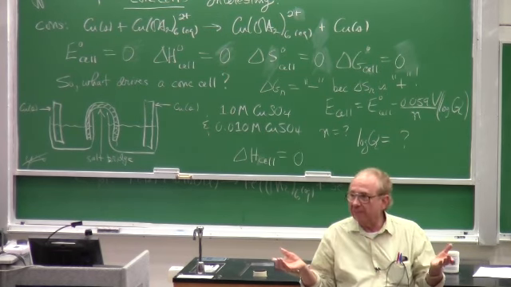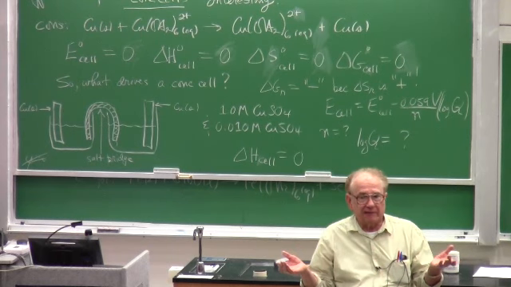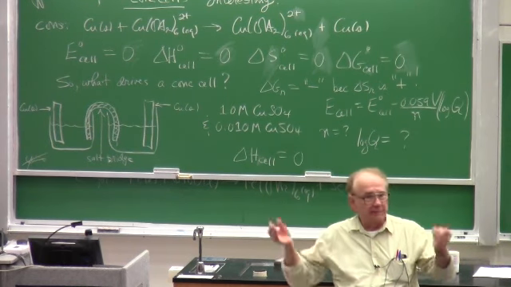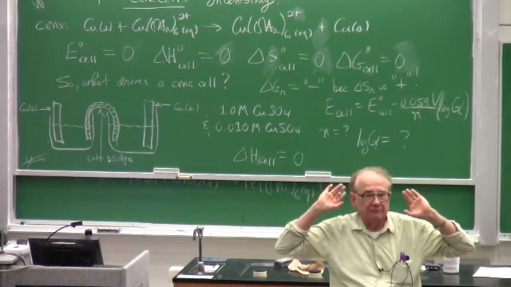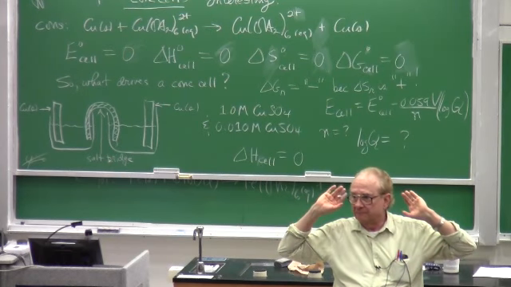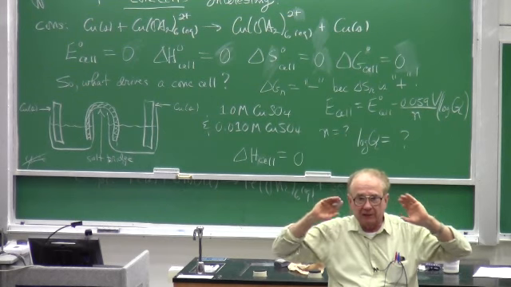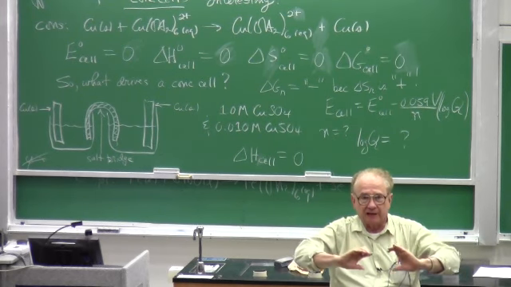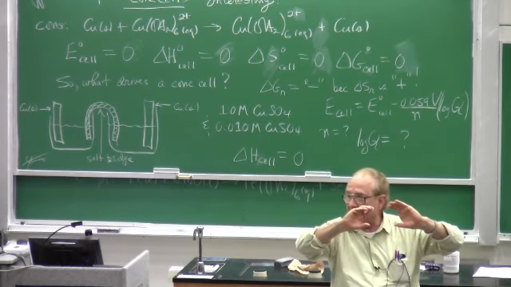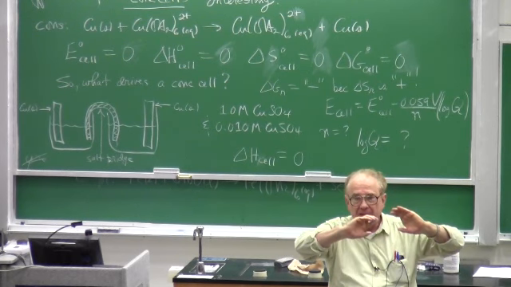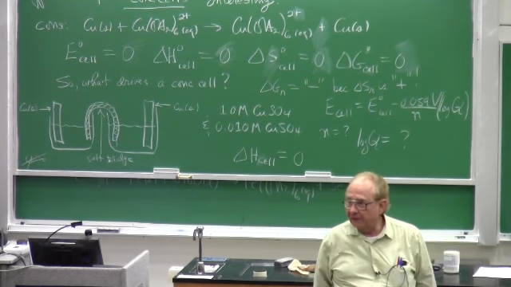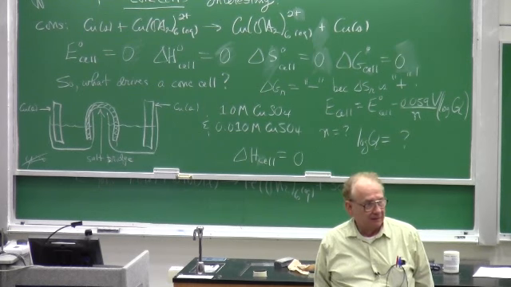Then I walk away, allow this system to stand by itself, and I come back in a month. What will be the contents of the beaker? Will it still be 100 milliliters of 10th molar copper ion at the bottom and 100 milliliters of 1 molar copper ion at the top? Will that be the case? Absolutely not.